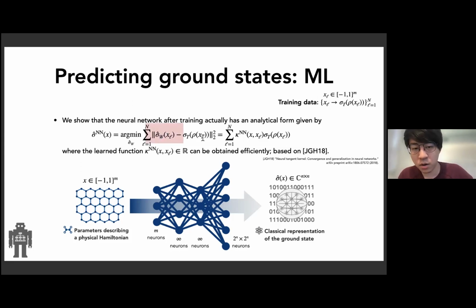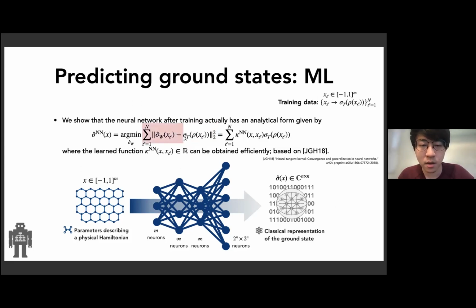Suppose we consider a loss function that's given by this. The sigma t rho of x_l, that's the training data. Sigma hat w of x_l, that's the output from a neural network. So this w just means the weights inside the connections between the neurons.